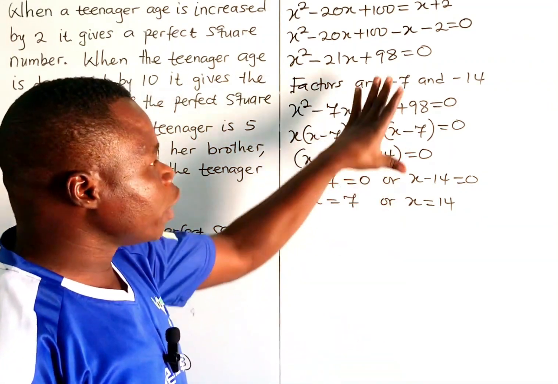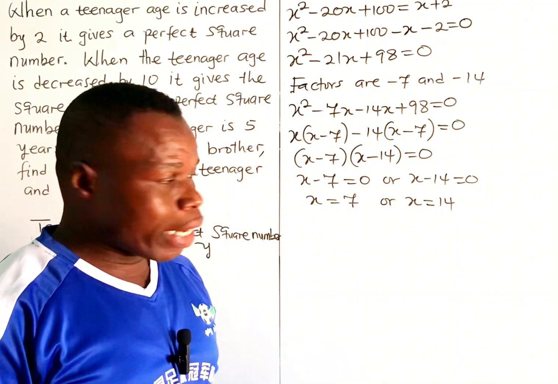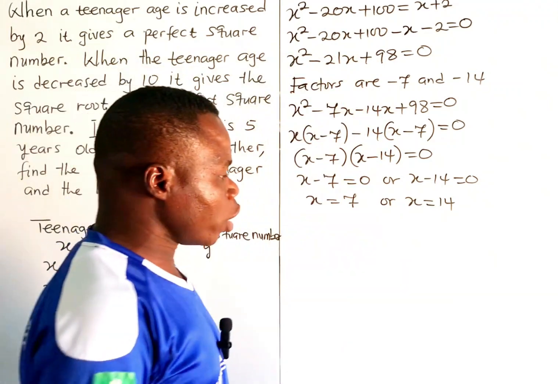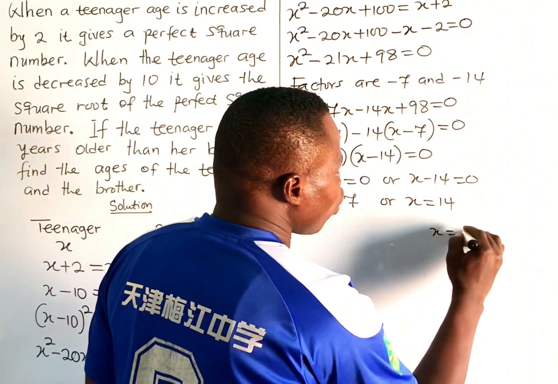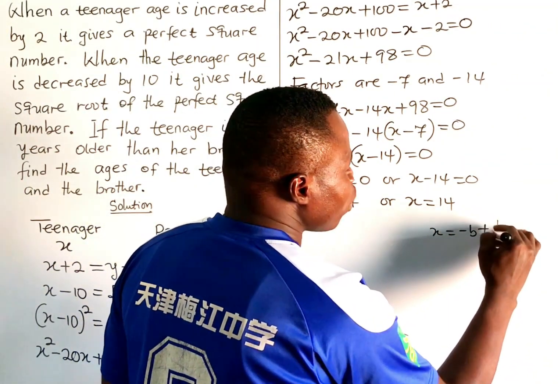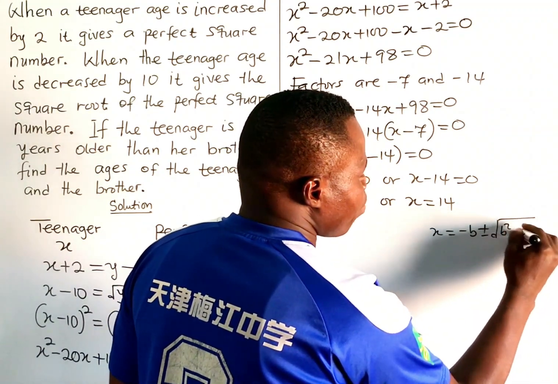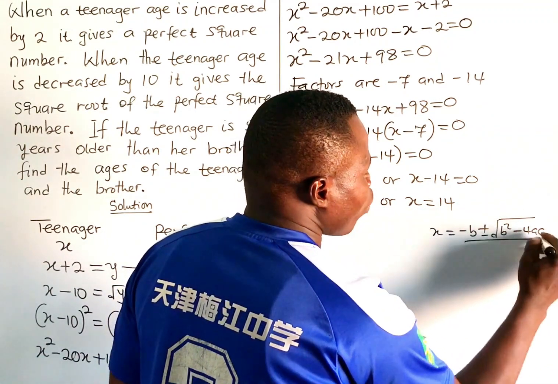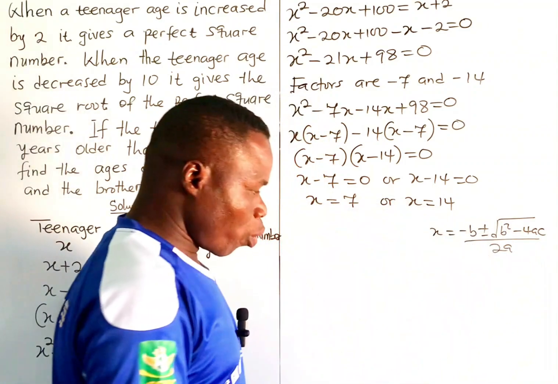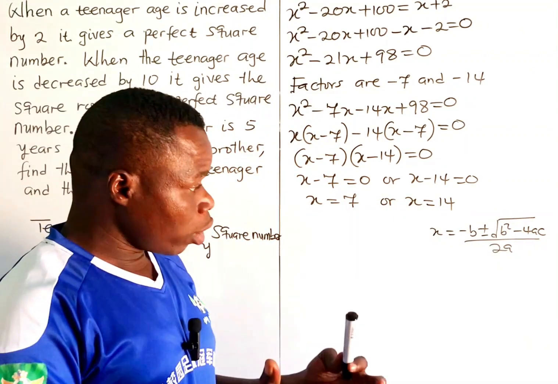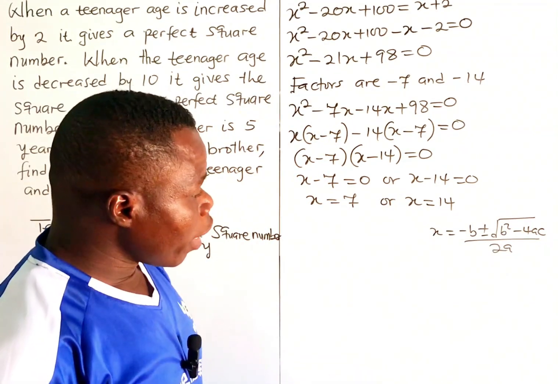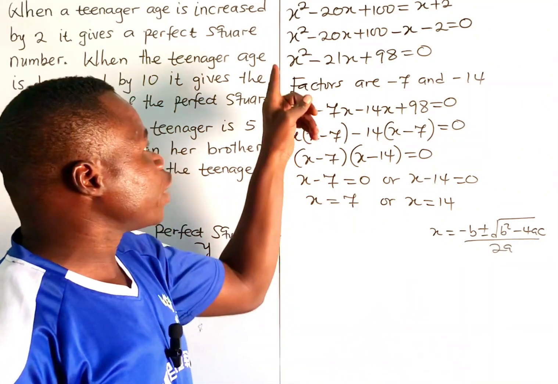And I'm using this particular procedure. Maybe another person can solve this quadratic equation using x is equal to minus b plus or negative root of b squared minus 4ac all over 2a. And this one, I'll call it the general quadratic equation formula, where a represents the coefficient of x squared.